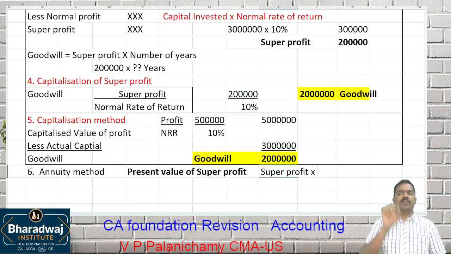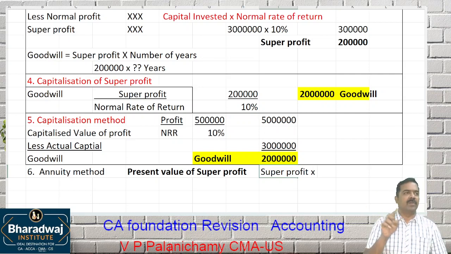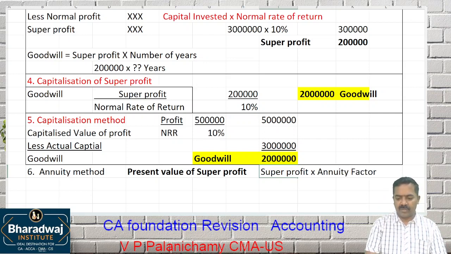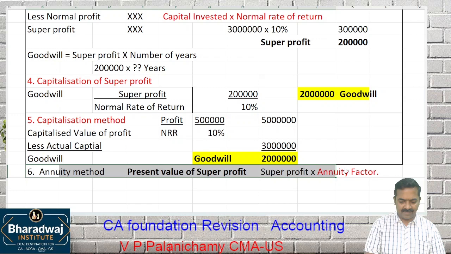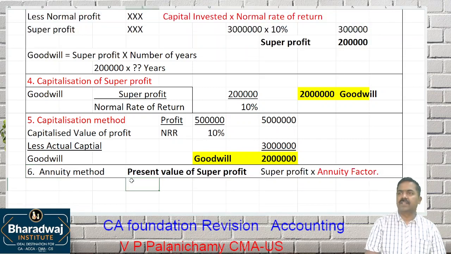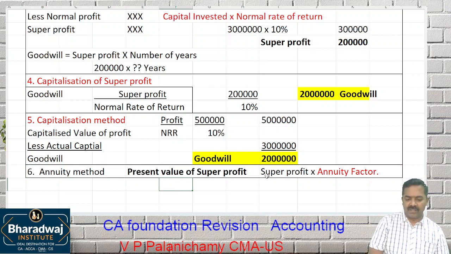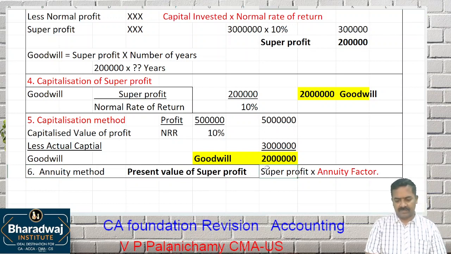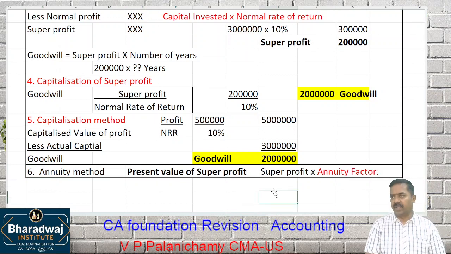For annuity you use a formula, 1 divided by 1 plus i to the power n. If you apply that, you will get which factor? Annuity factor. Don't worry, for accounts exam they will give you the annuity factor. Annuity factor depends on rate of interest and number of years. So that will give us which one? Goodwill. Super profit into annuity factor.